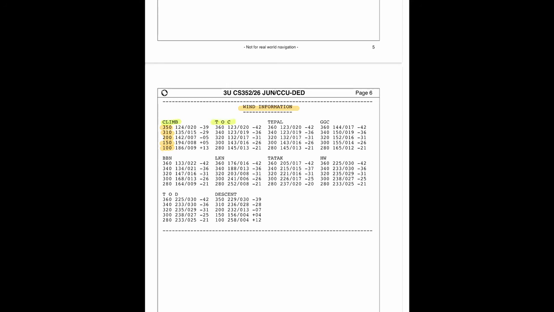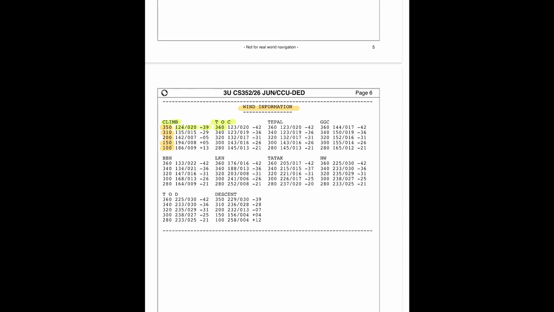So our wind will be 124 degrees 20 knots, and this is minus 39 degrees, the air temperature. 124 degrees of wind, 20 knots of wind actually, and minus 39 degrees will be the temperature at TOC, top of climb, at flight level 360 or 36,000 feet.